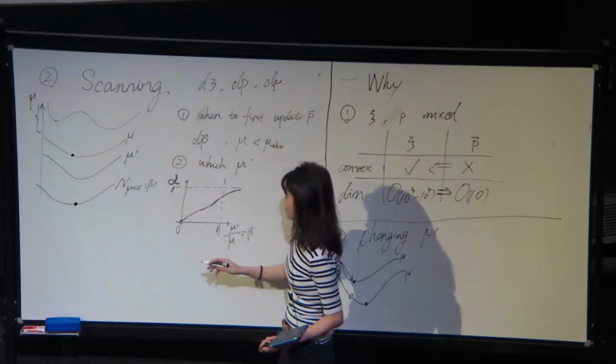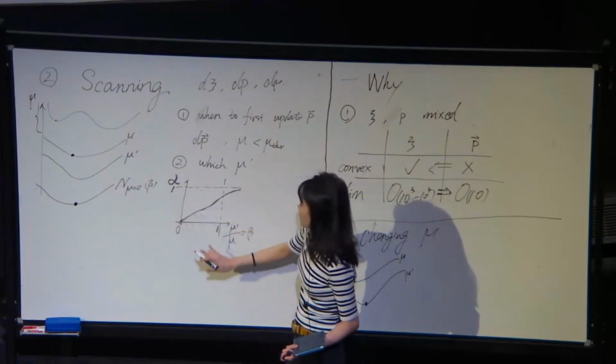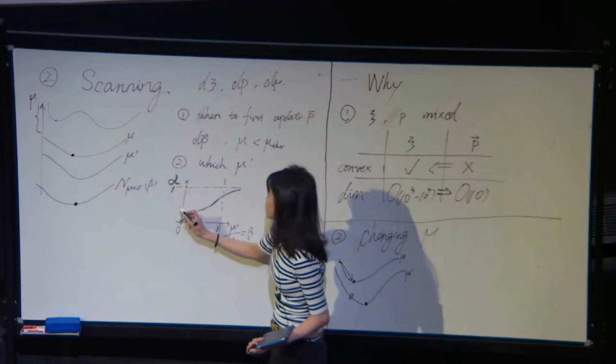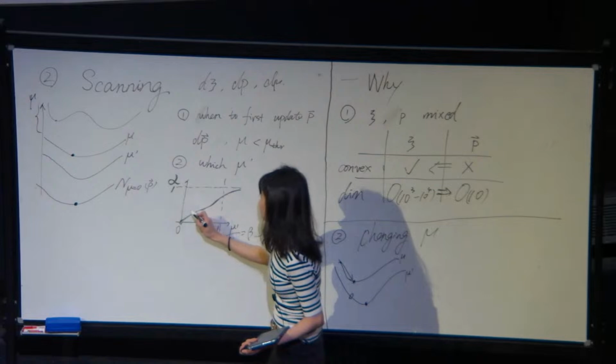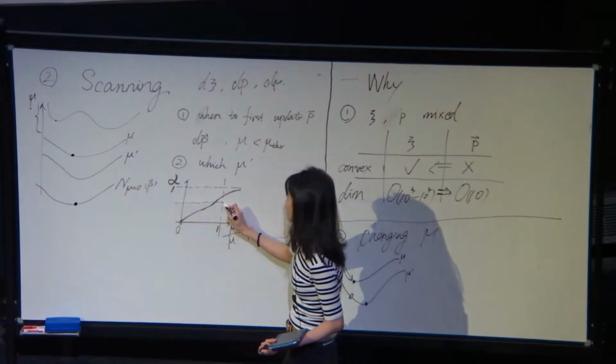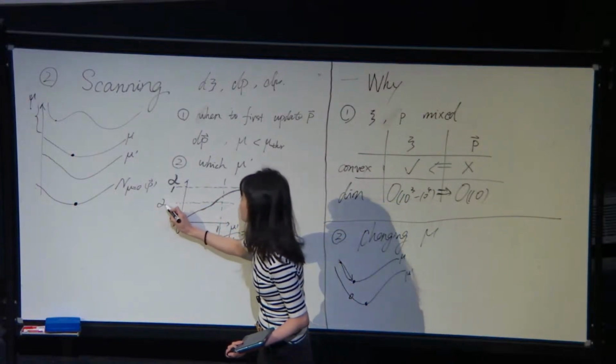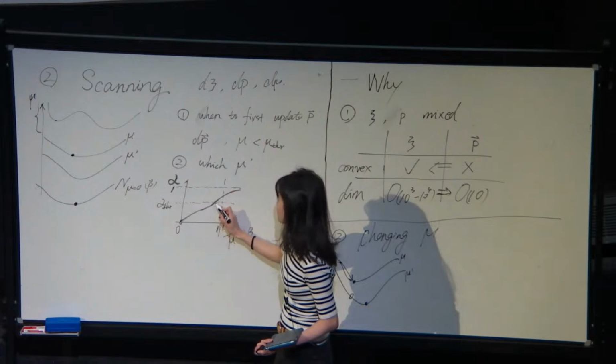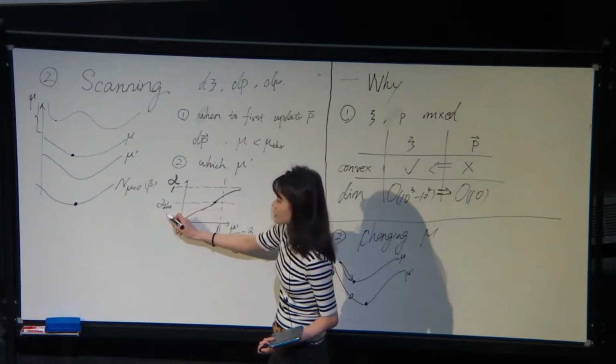A monotone relation. Okay. So given this relation, the algorithm will choose some threshold on alpha, and we want to get the beta that first reaches this alpha.